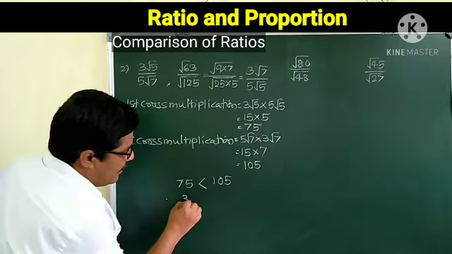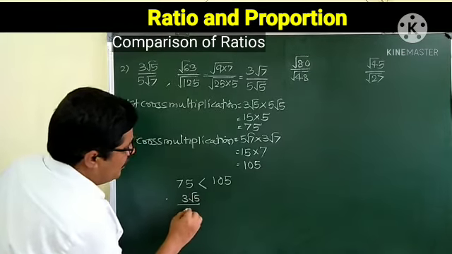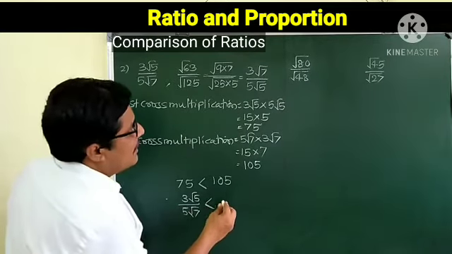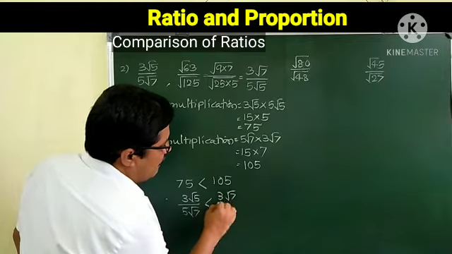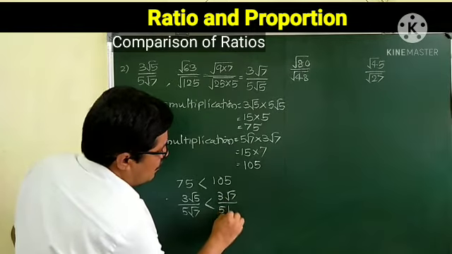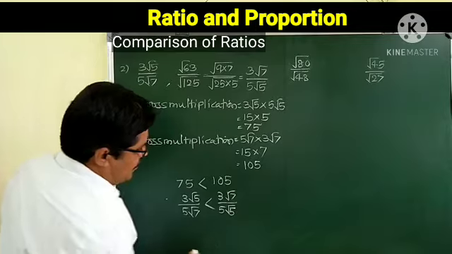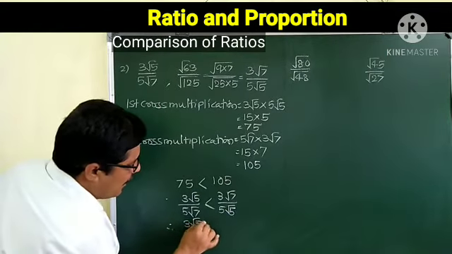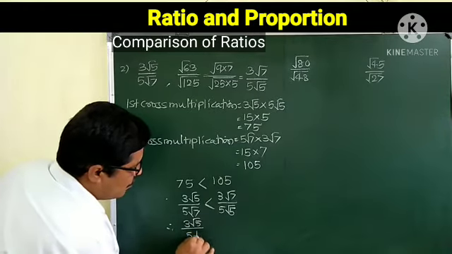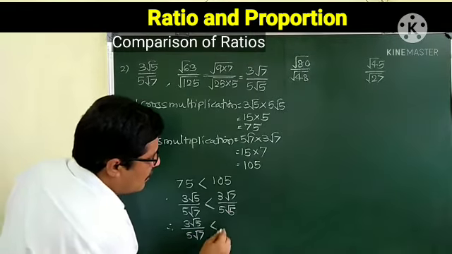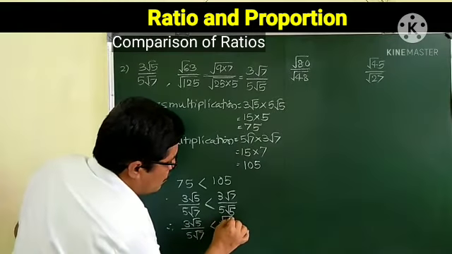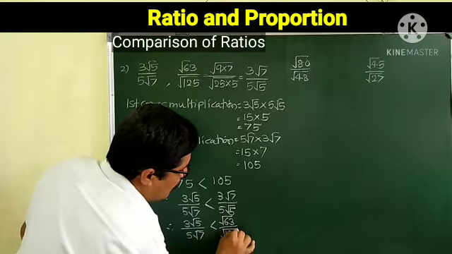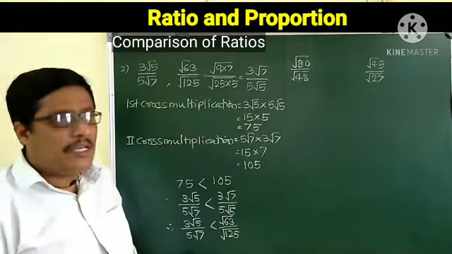Therefore we can write 3 root 5 is to 5 root 7 is smaller than 3 root 7 is to 5 root 5. Therefore lastly we can write 3 root 5 is to 5 root 7 is smaller than square root of 63 is to square root of 125. In this way we can solve this example.